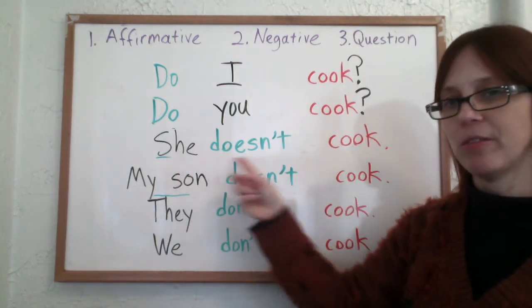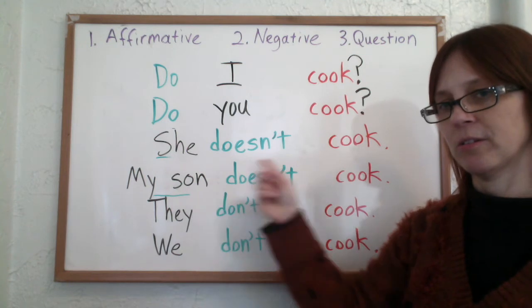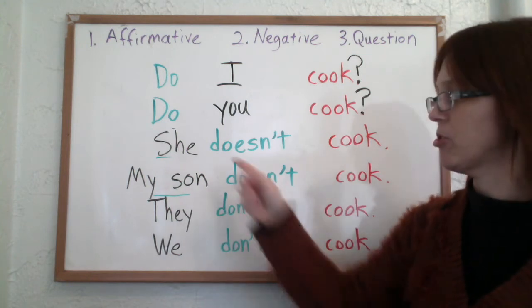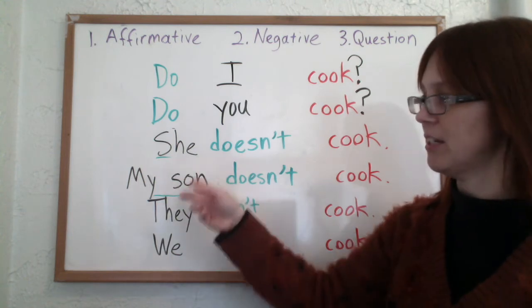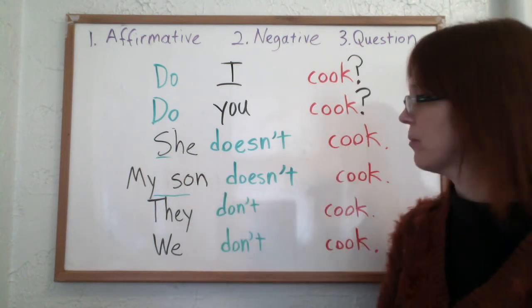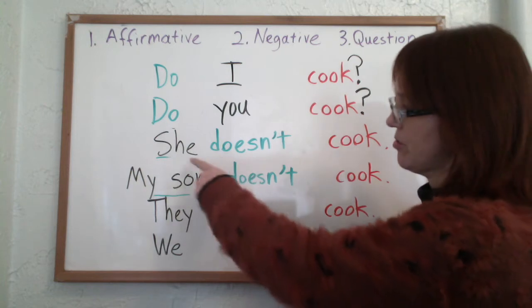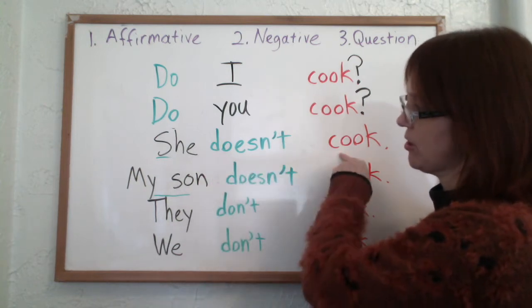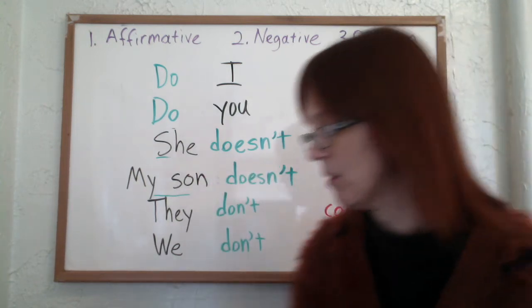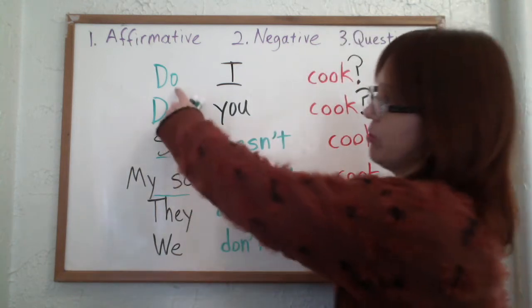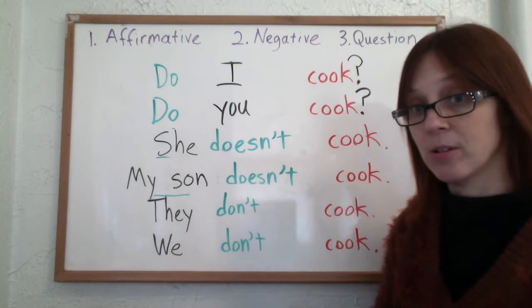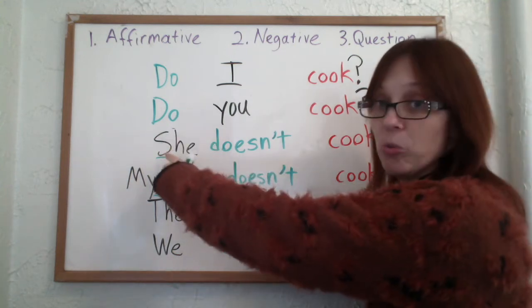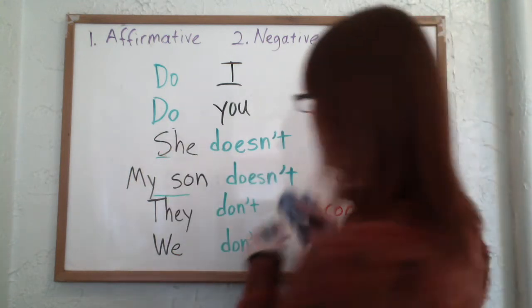How do I make this a question? So remember, she and he, they're a little different. So she and he have S. So this is she doesn't cook. I want to start with do or does. So maybe the first word is does.